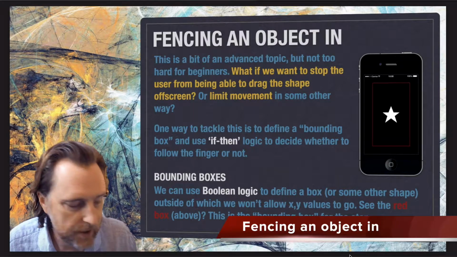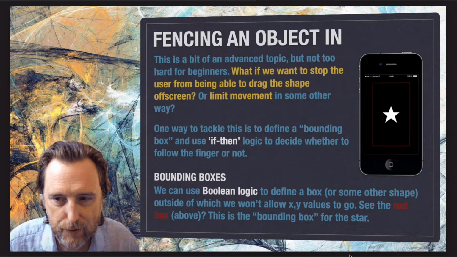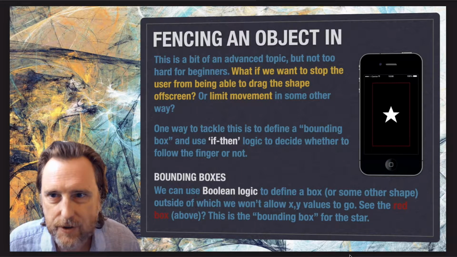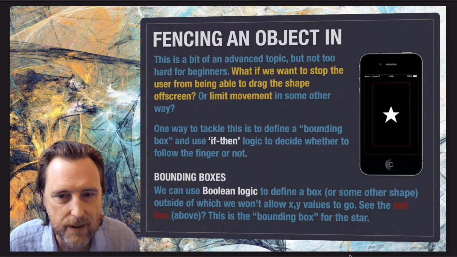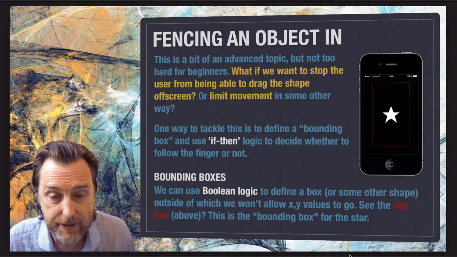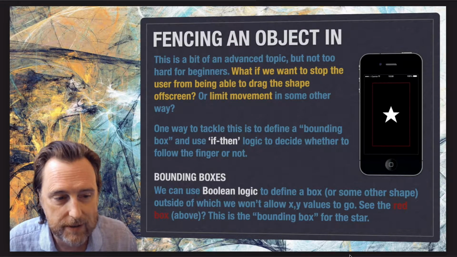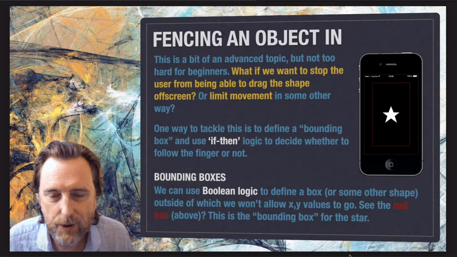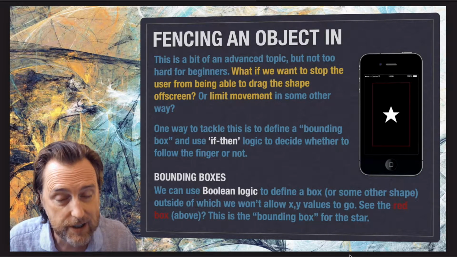Okay, so depending on your anxiety level for the star, you might be wondering, how can I keep the star on screen then? This is distressing that I can drag stuff off screen and then never see it again. And certainly if you were designing a game, you probably would not want that to happen, right? For the most part, if the player is dragging some sort of game object around screen, then it needs to stay on screen so they can keep dragging it.